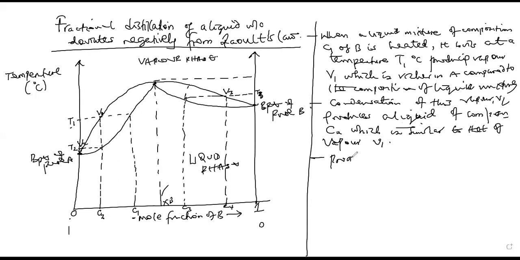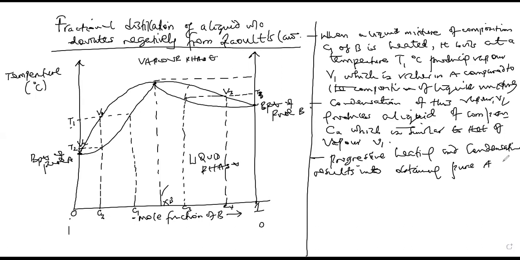Progressive heating and condensations result in obtaining pure A as a distillate and an azeotropic mixture as a residue.